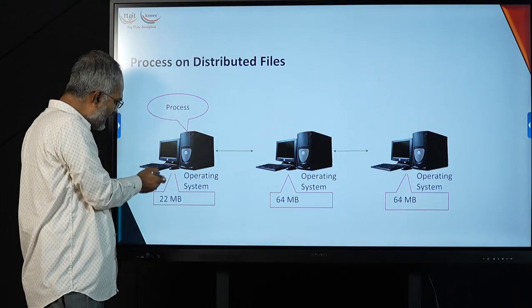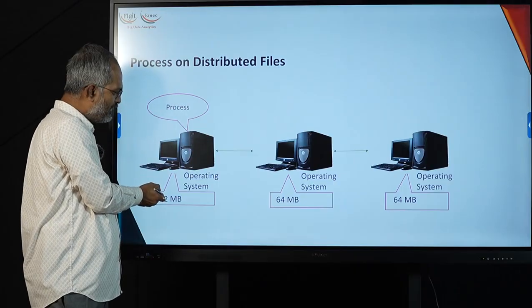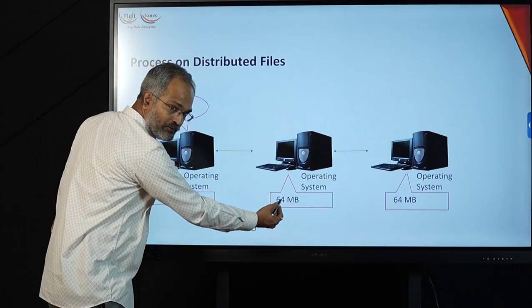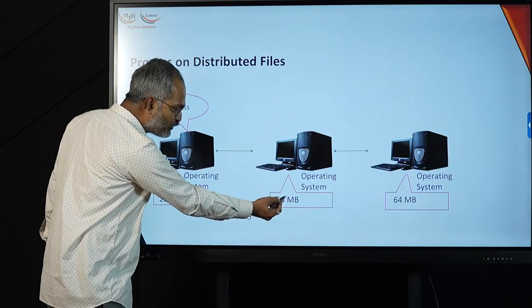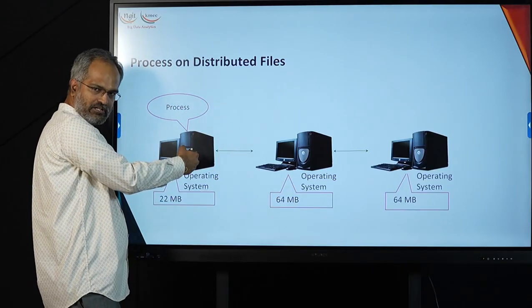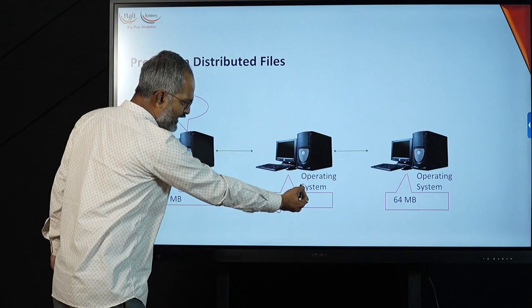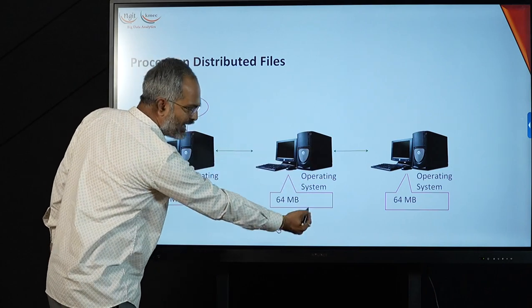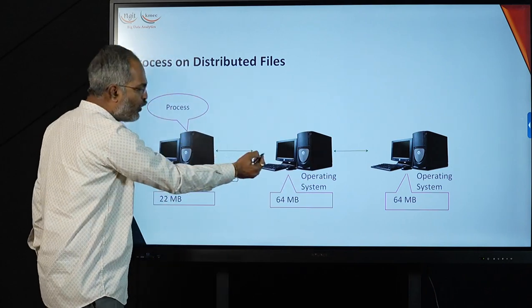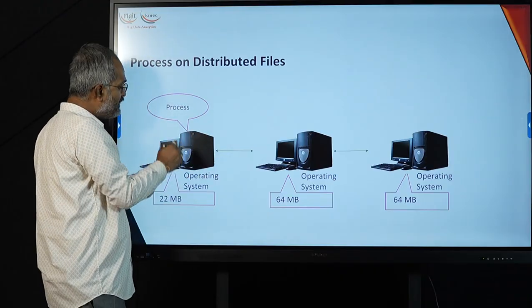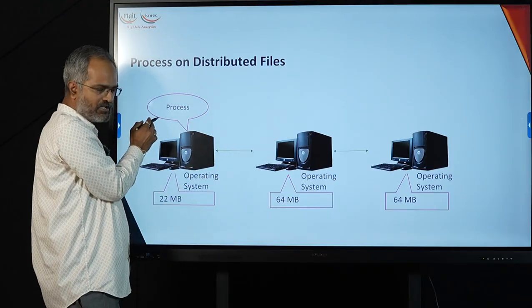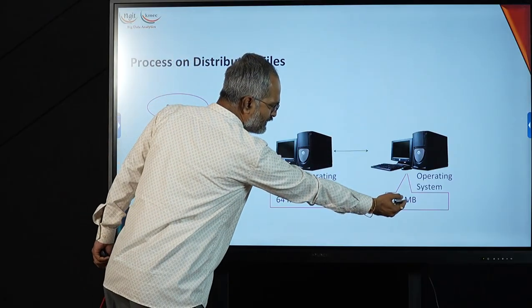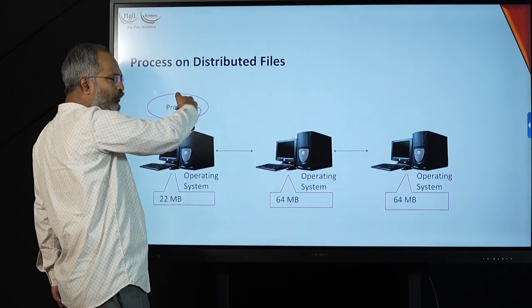This process can access the data here easily. But what about this data? This data has to be transferred into this machine, meaning that the data available in another machine has to be copied into this machine over the network, and then it can be processed by the initiated process. In a similar way, this data also has to be transferred over the network.